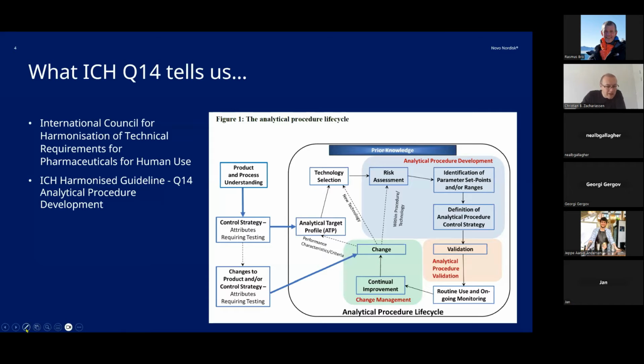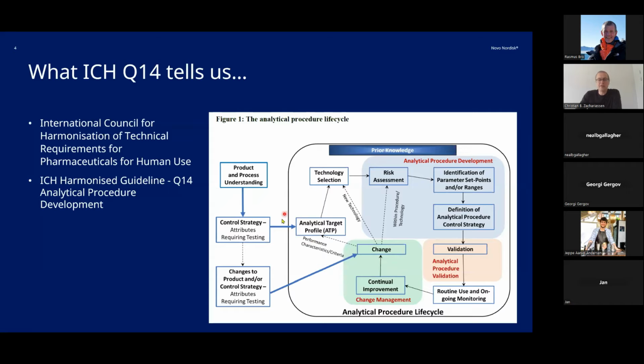So it incorporates product and process understanding. That is also what you can perhaps put in here in the prior knowledge box. It would like to have some ideas about control strategy coming from the process.